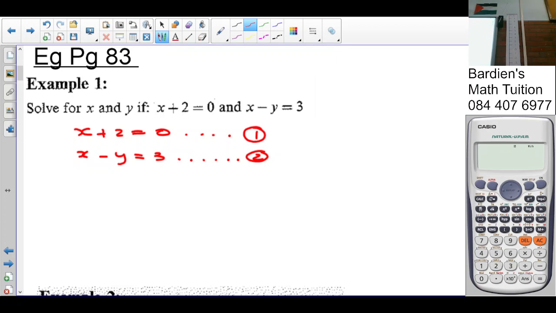Alright, so looking at equation 1, how many unknowns do I have here? 1. In equation 2 you have 2 unknowns, not so?